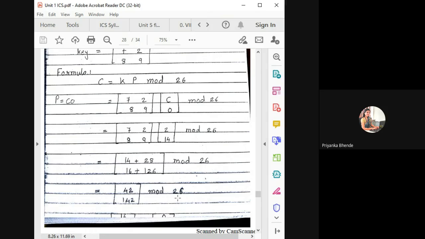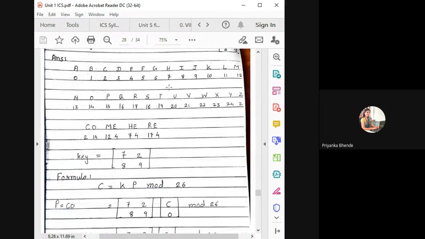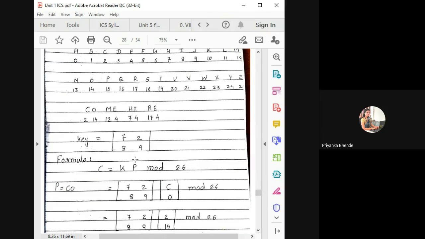The corresponding letter of 16 is Q, and the corresponding letter of 12 is M. So the ciphertext of CO is Q and M.